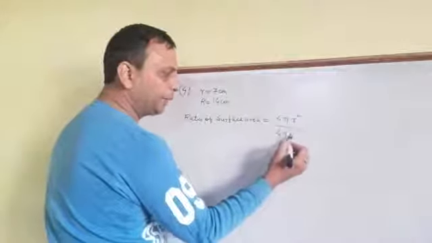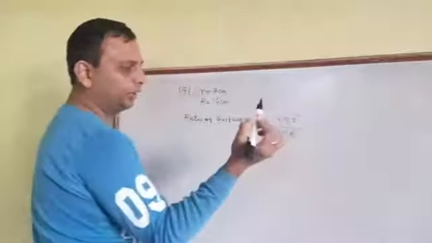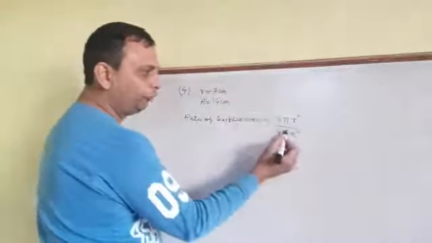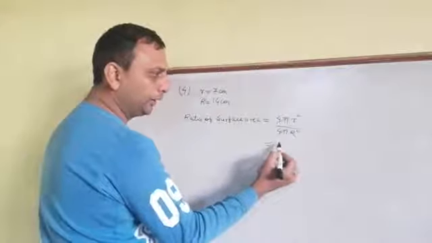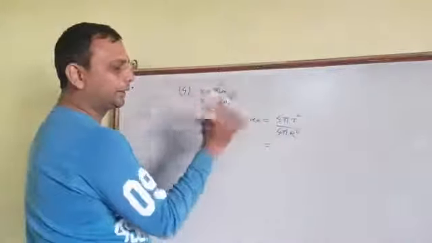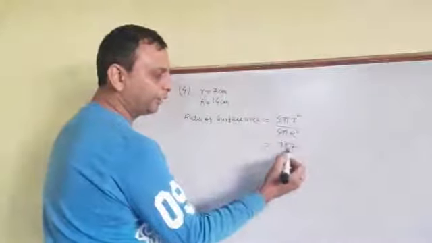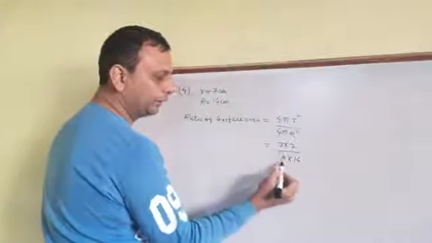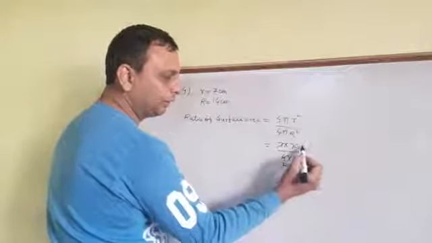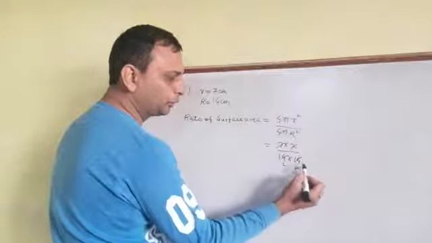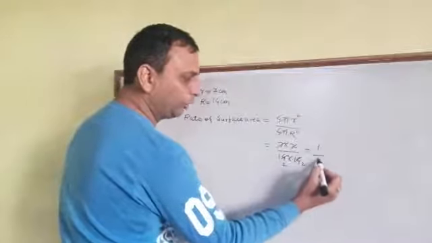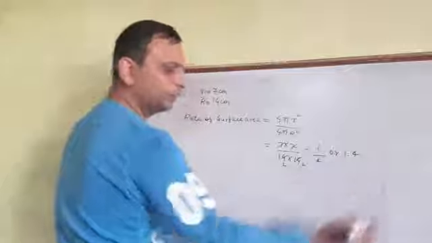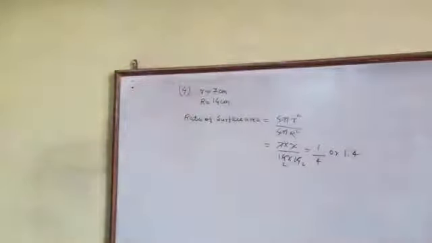Ratio means we have to divide. 4 pi will cancel, and r square: small r is 7, so 7 multiplied by 7, and 14 multiplied by 14. 7 ones are 7, 7 twos are 14. So 2 into 2 will come 1 upon 4. That means 1 ratio 4 is the answer for question number 4.